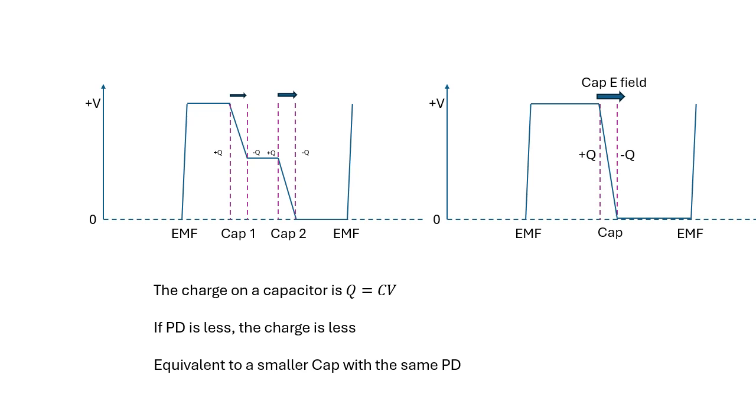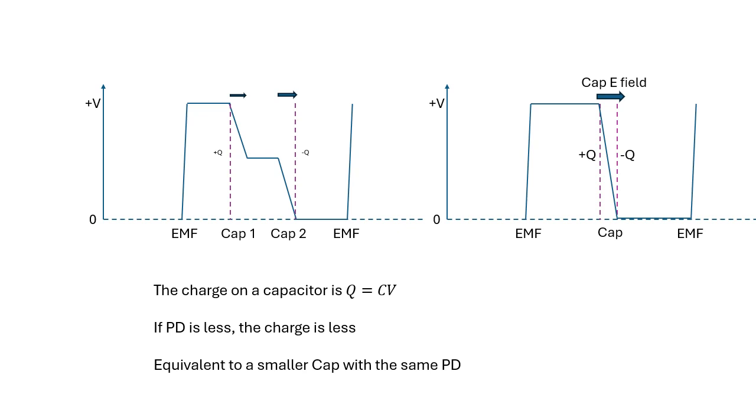We can think of it as similar to a single capacitor which has a smaller capacitance even though it has the same potential difference across it.